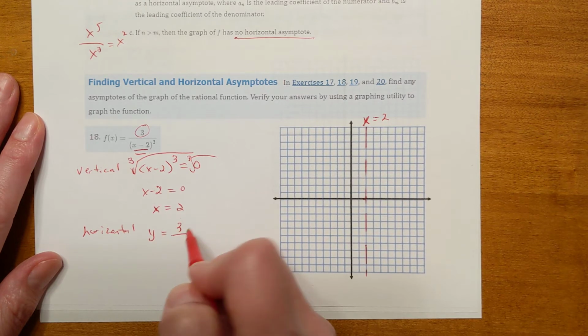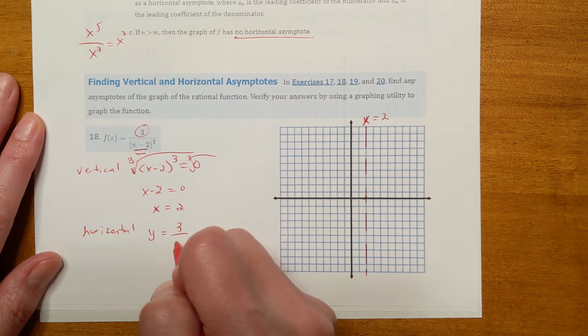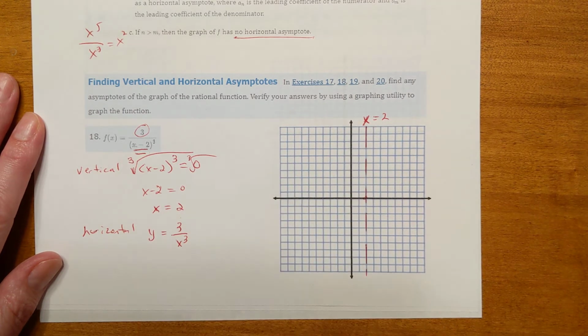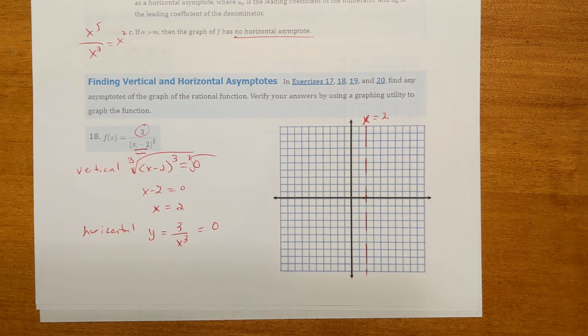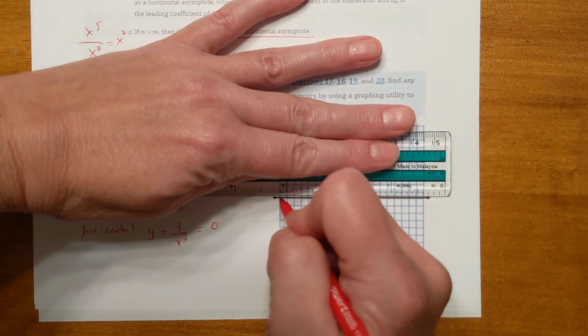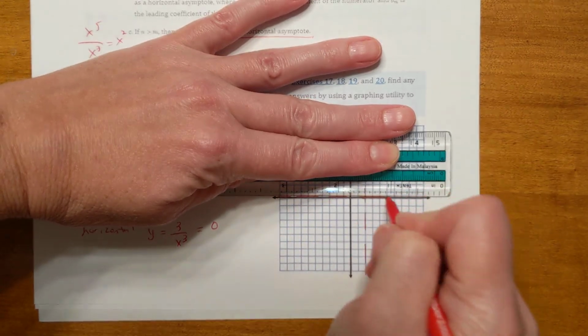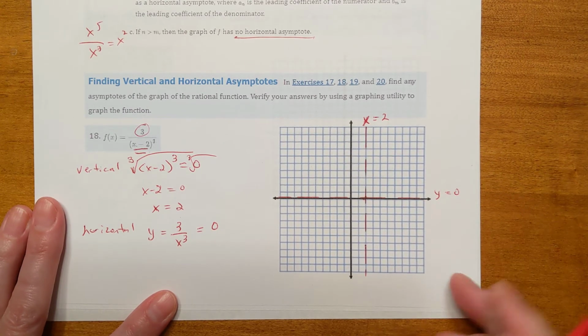So it's y equals 3 over the highest power on the bottom, and that's going to be the x to the 3rd. So it's bottom heavy, so that makes it y equals 0. So it goes right over the x-axis. You almost need a color to make it work well. So you got y equals 0.